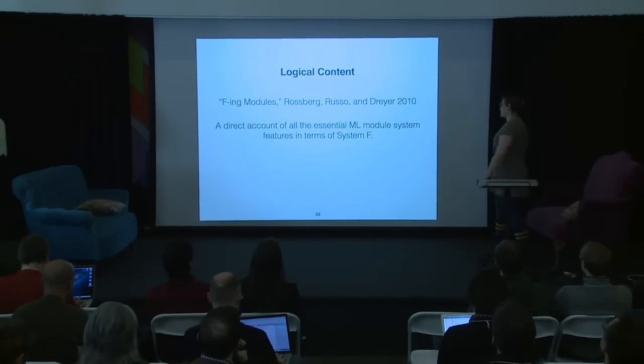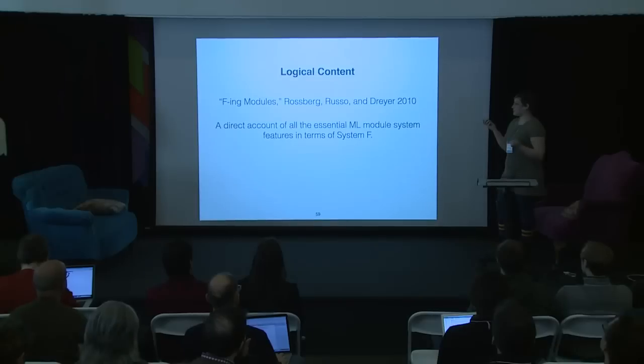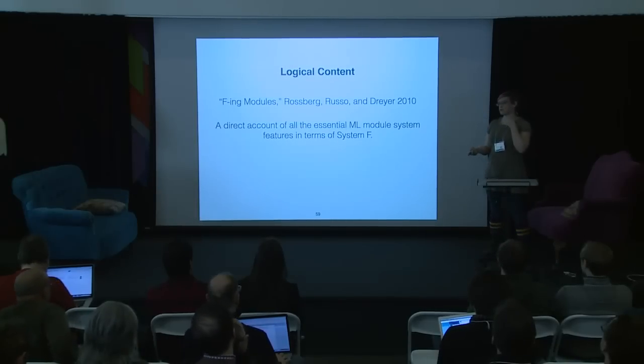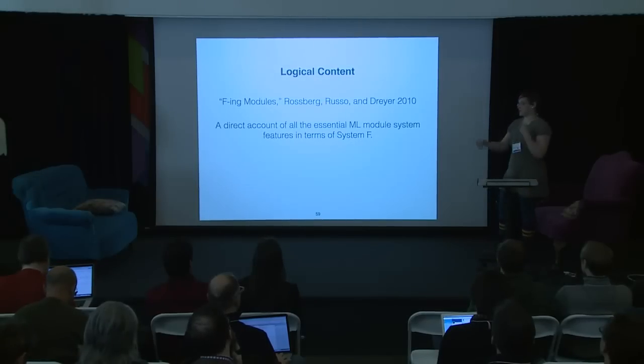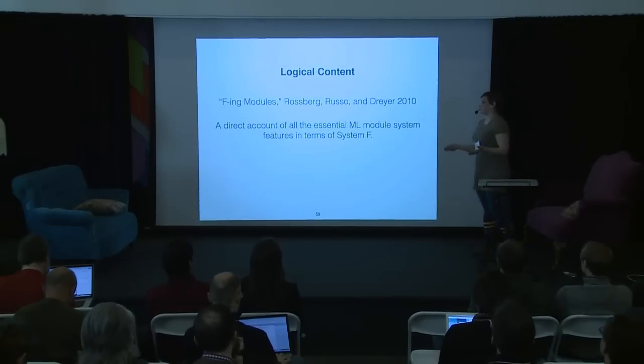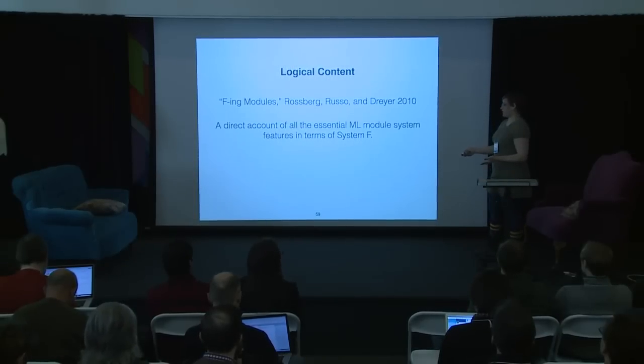And then Andreas Rossberg and Claudio Russo and Derek Dreyer wrote this paper that said, actually, we can interpret all of this stuff directly as System F, as just this for-all and exists quantification over types. So that really explicates the idea that all we're doing can be accounted for logically.